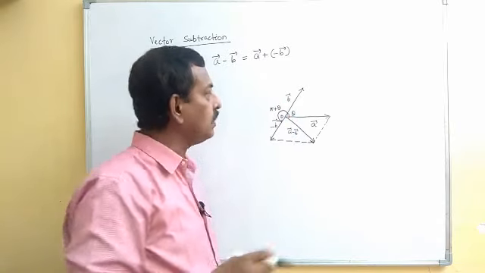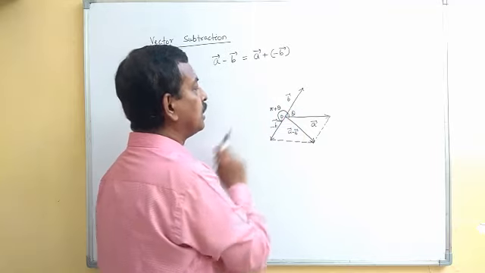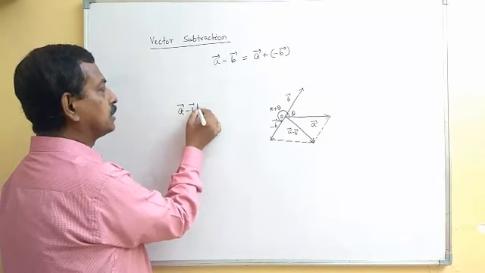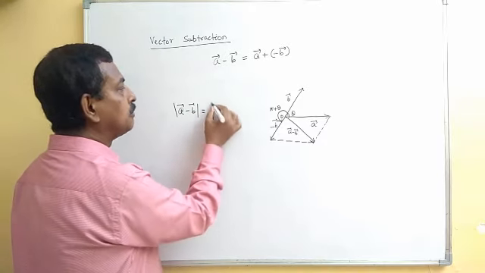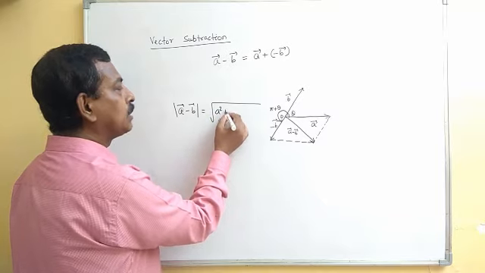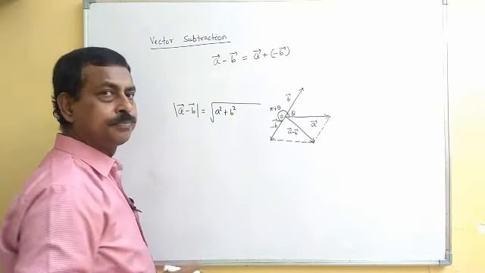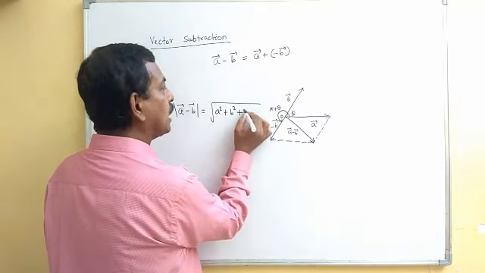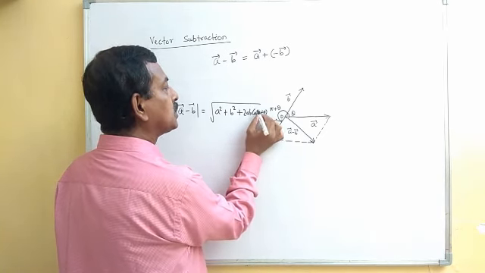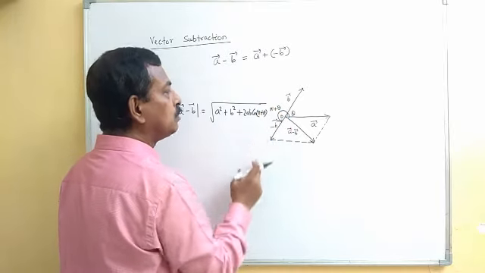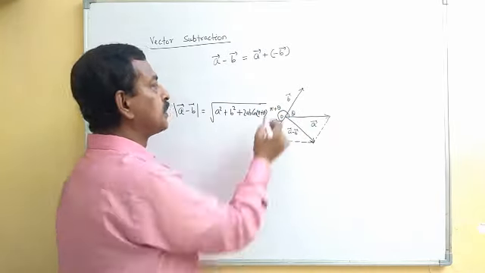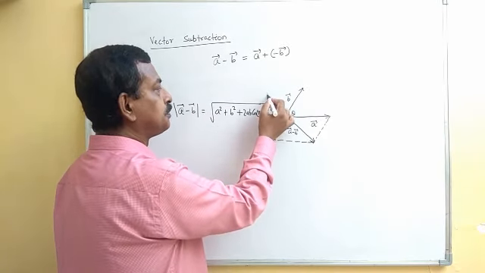So here, the magnitude of the A minus B vector will be given by the square root of A square plus B square plus 2AB cos of 180 plus theta, which is the angle between vector A and minus vector B. So this will be the expression.